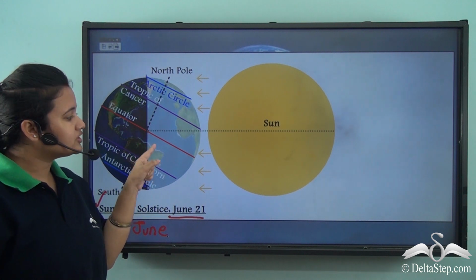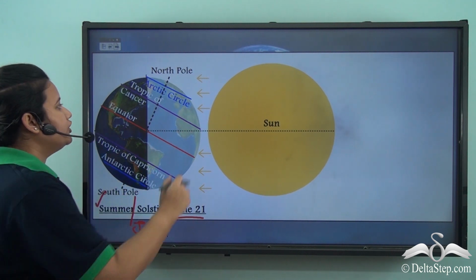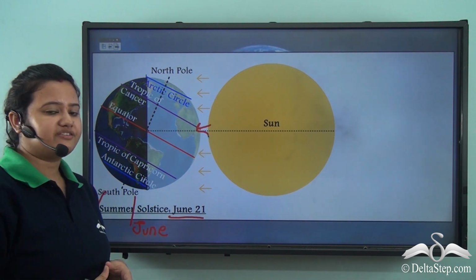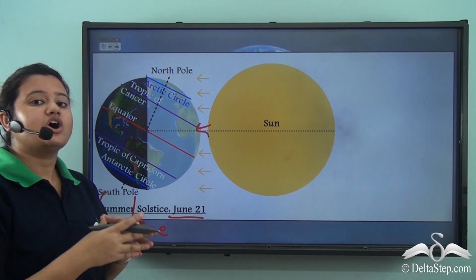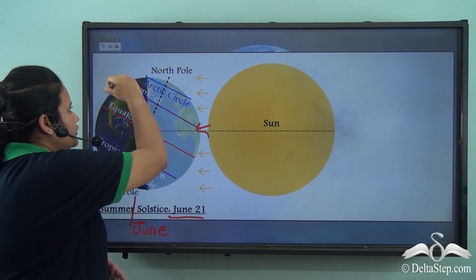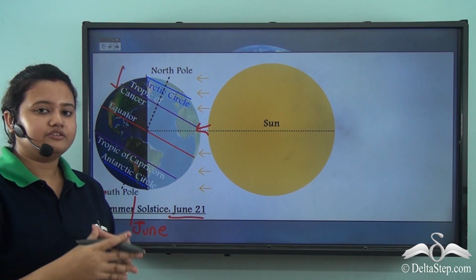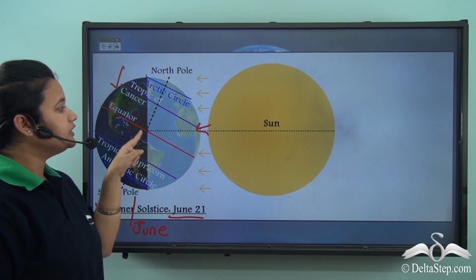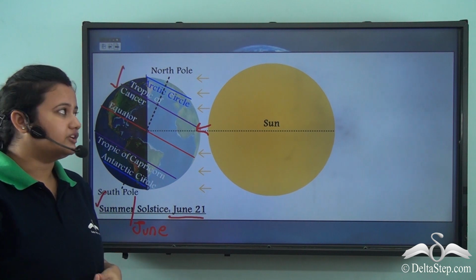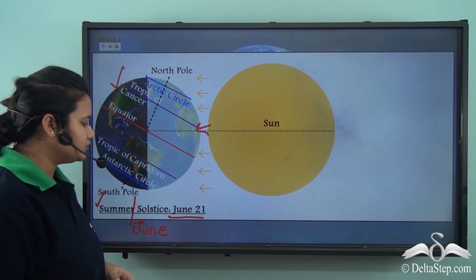Now, this particular moment of the year when the sun's rays are vertical over the Tropic of Cancer is referred to as summer solstice or June solstice by taking into consideration the northern hemisphere, and this is done just for our own convenience. And we know that during this particular moment of the year, the northern hemisphere experiences the summer season in the month of June.